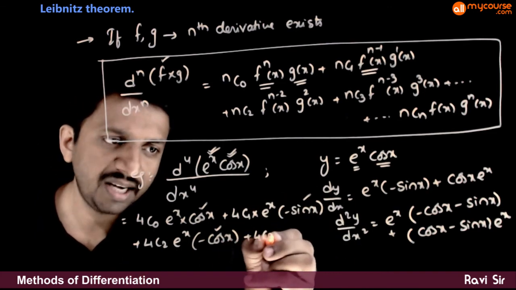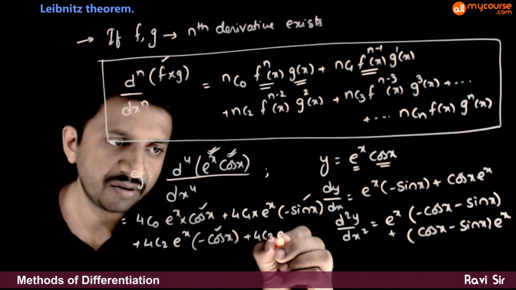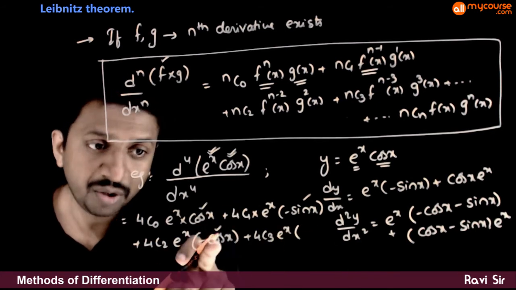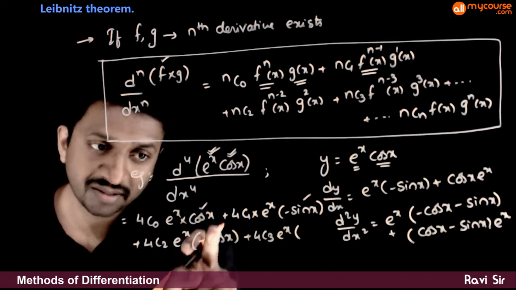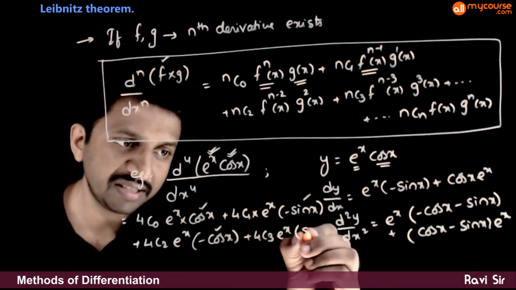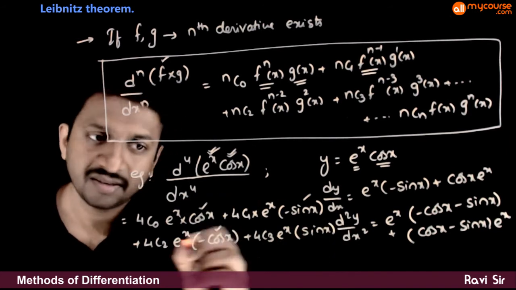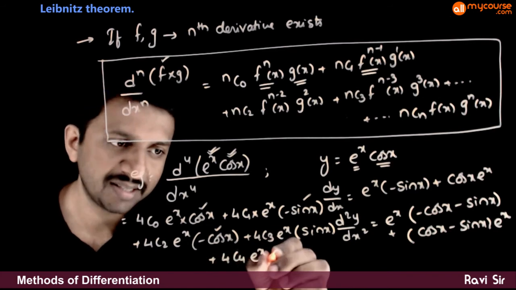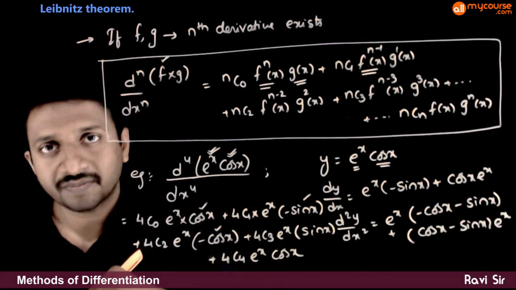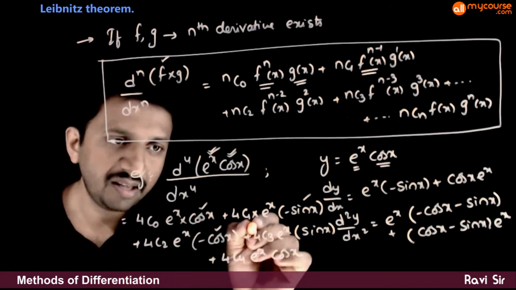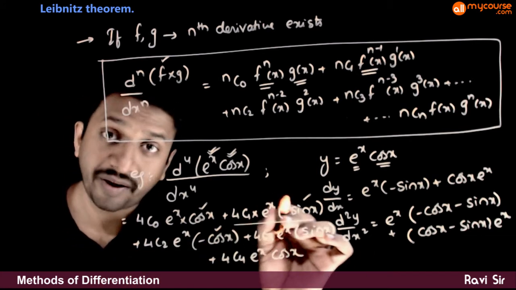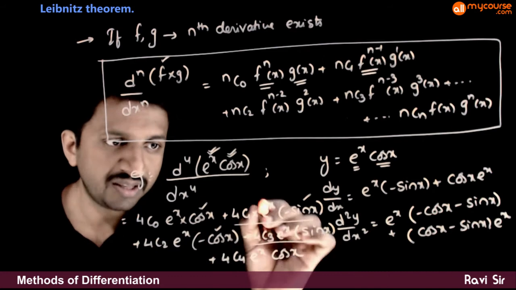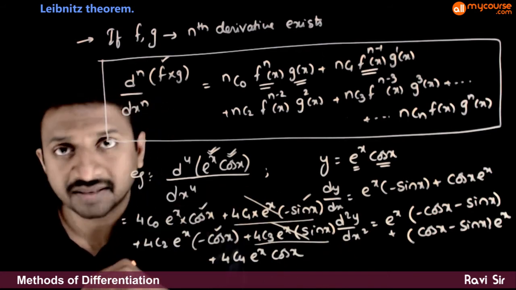Plus 4C3 times the first differentiation of e^x, which is e^x, into the third differentiation of cos x, that is sin x, plus 4C4 e^x into the differentiation of sin x, which is again cos x. Now, as you can see, 4C1 e^x into minus sin x and 4C3 e^x into sin x are cancelled.